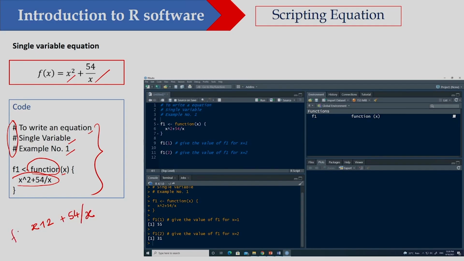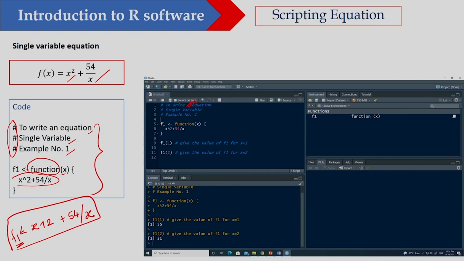So I have written f1, which is a function. Whatever the output of this function is, it is stored in f1. So this variable contains the function of x.